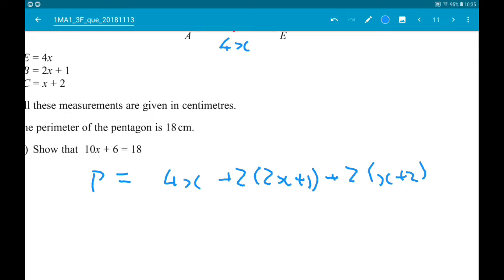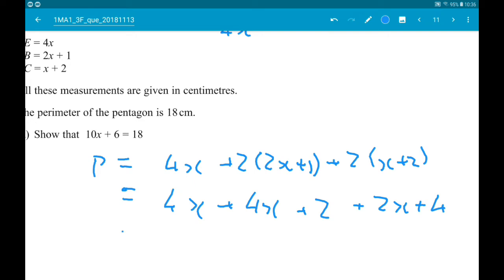Okay, so we have 4x add 4x add 2 add 2x add 4. So altogether we have 4x add 4x add 2x, so that's 10x.